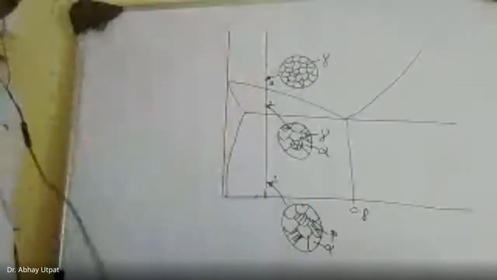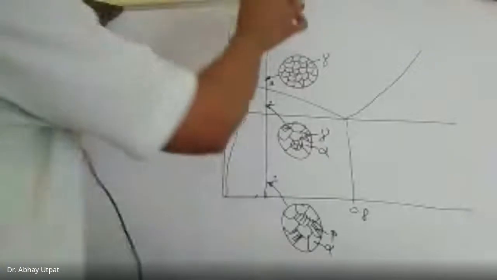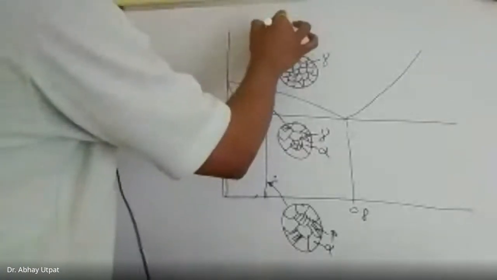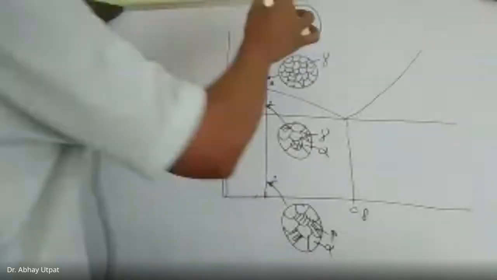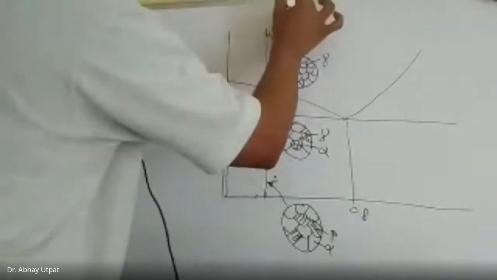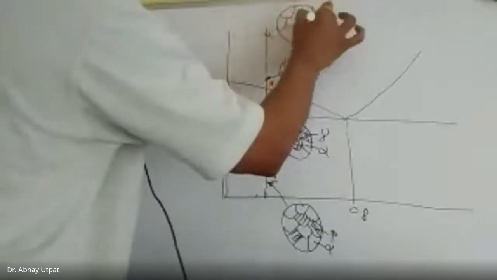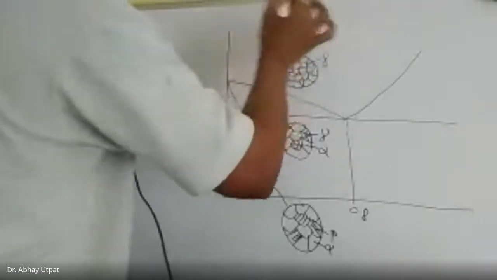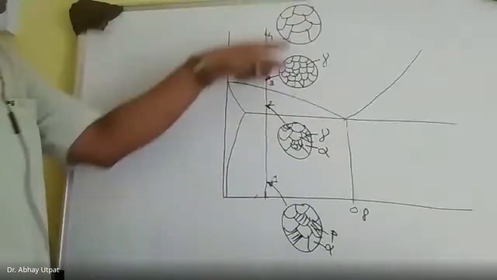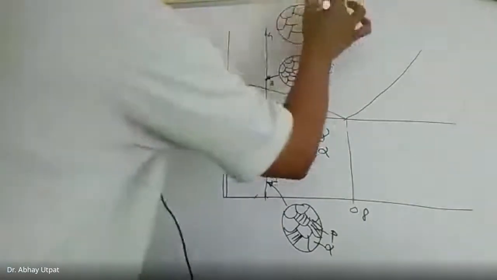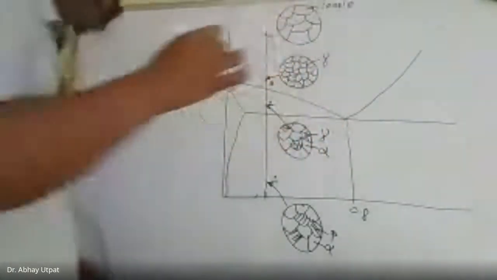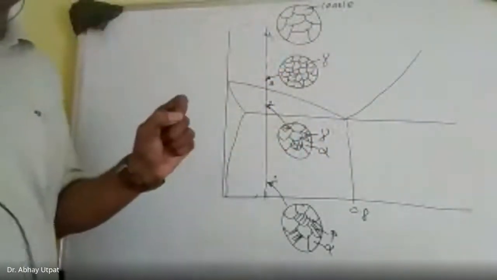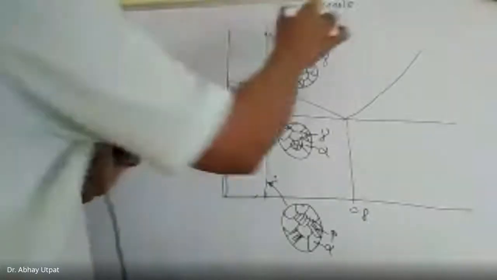This is gamma. And now far above it, but less than melting point, austenite remains austenite. But see the change between 0.3 and 0.4. This is coarse gamma. Coarse means larger size.